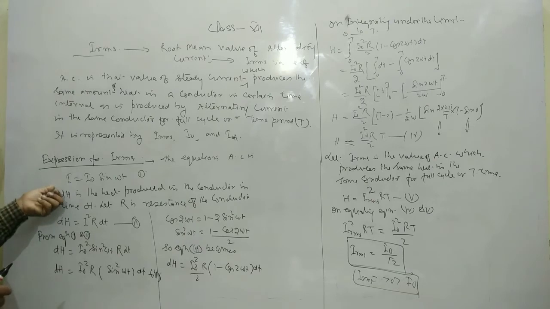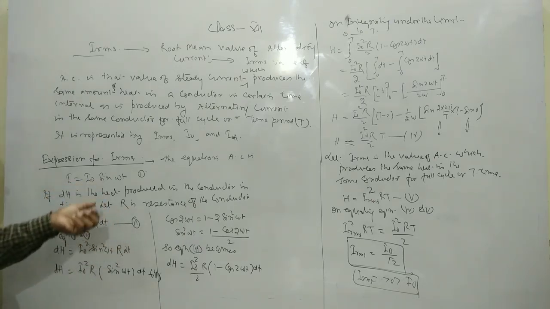I equal to I naught sin omega t is the equation for the AC.